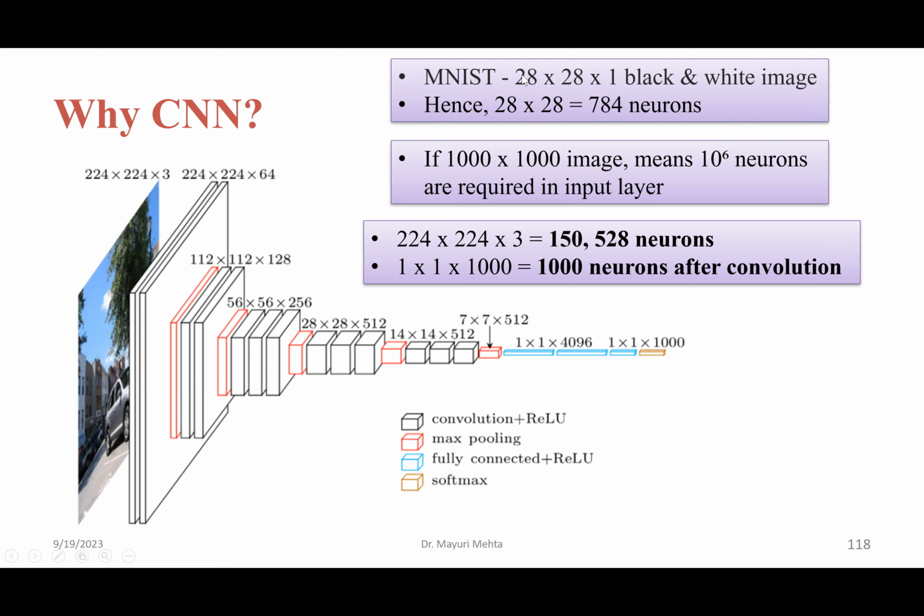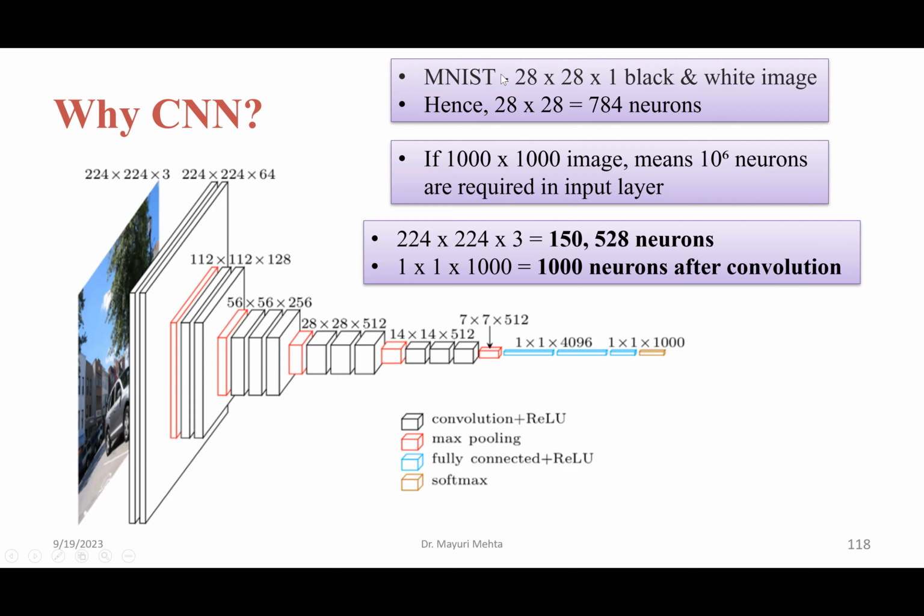Now I'll explain what this 28 cross 28 cross 1 is. Please be with me. It is a black and white dataset, so intensity values are there for the channel. 28 cross 28 represents the resolution, and this is 1 because this is not a color image.